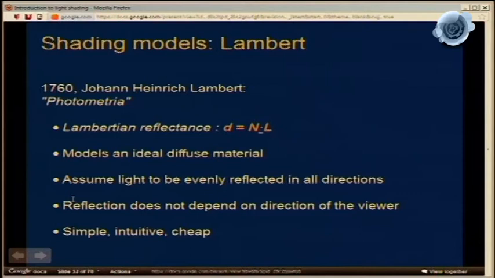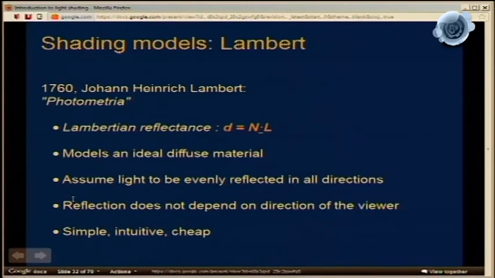It states that the diffuse light that you get is a function of the direction of the normal and the direction of the light. And it's a pretty intuitive thing. It also has an interesting characteristic: when you think of a material, you have your lighting and your material, and you think, yeah, the more grazing the angle is, the less light the material is going to receive.